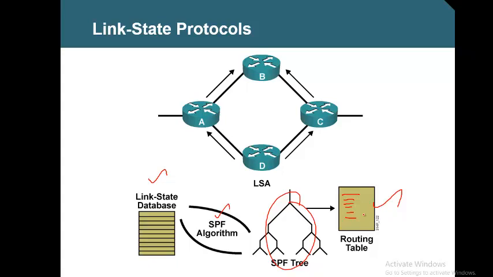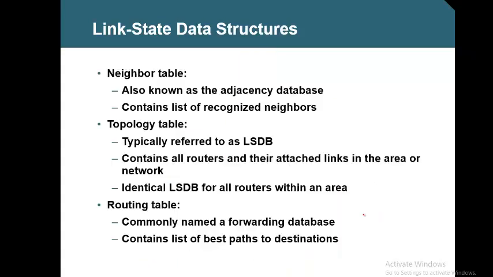So this is the link state routing protocols' way of learning routes, the best way of learning routes. IS-IS and OSPF are two protocols that are considered link state routing protocols. Now this routing protocol also maintains three tables.